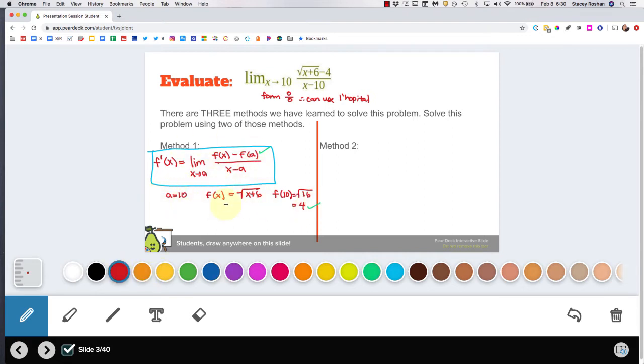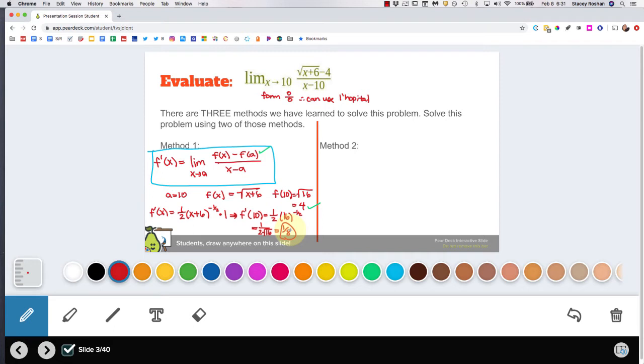If my f of x is root of x plus 6, then what is my f prime of x? That would be 1/2 (x plus 6) to the negative 1/2, and then I have to chain it times 1. So that would mean that my f prime of a, which is 10, is 1/2 times 16 to the negative 1/2, 1 over 2 root 16, which is just coincidentally the same answer, 1/8 here.